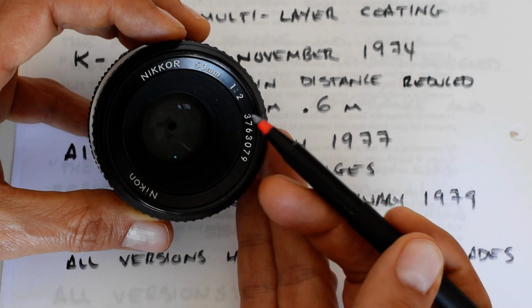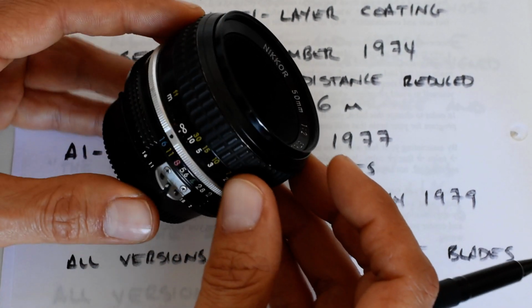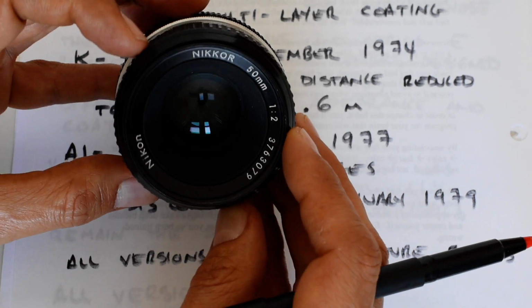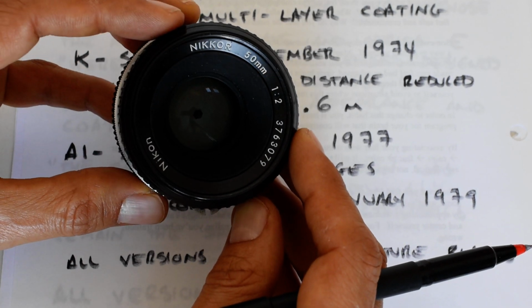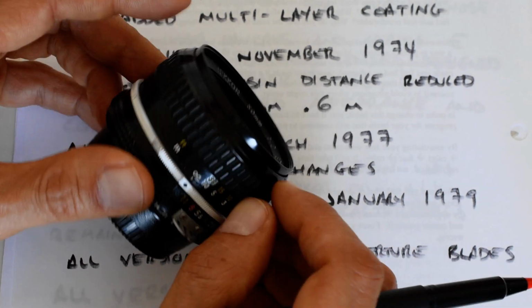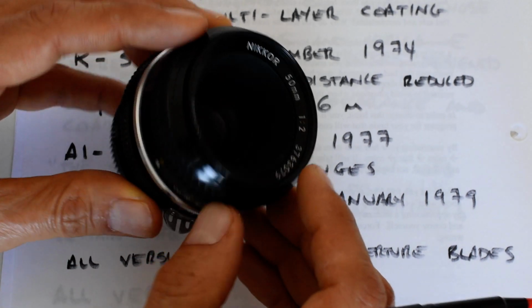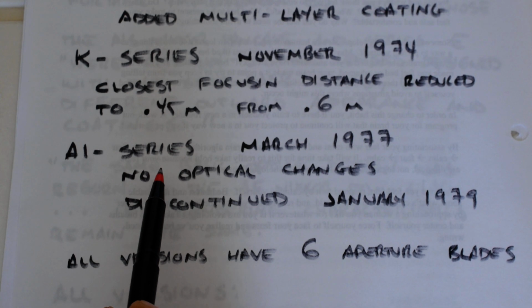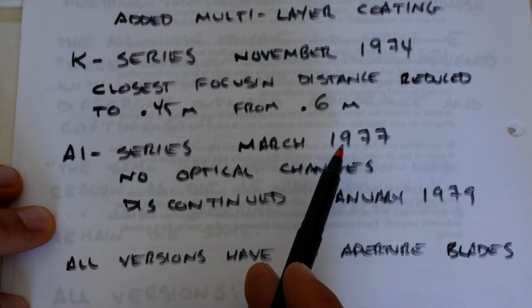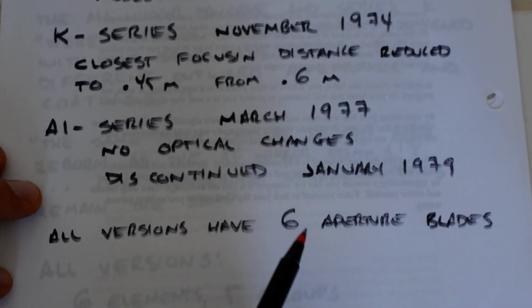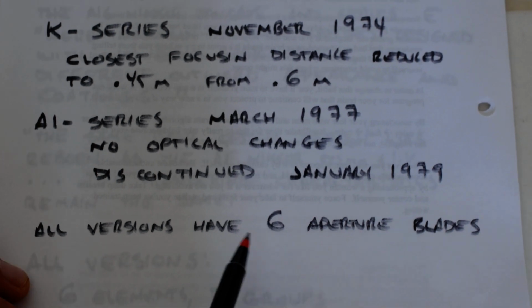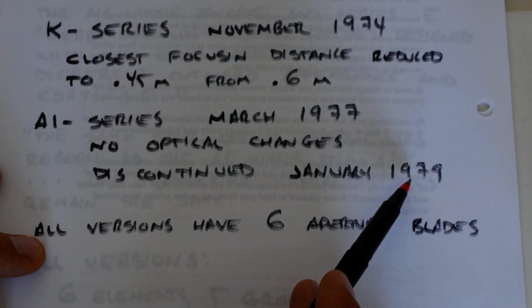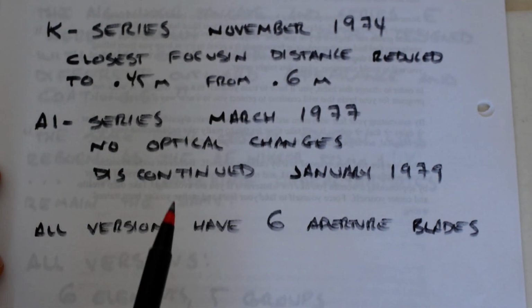Based upon the serial number on this lens, from what I can tell, this is a fairly late production lens. I think this was from the very last version of the 50mm f2s which were made. The AI series was introduced in March of 1977 and then discontinued in January of 1979. Again, no optical changes to the K series.